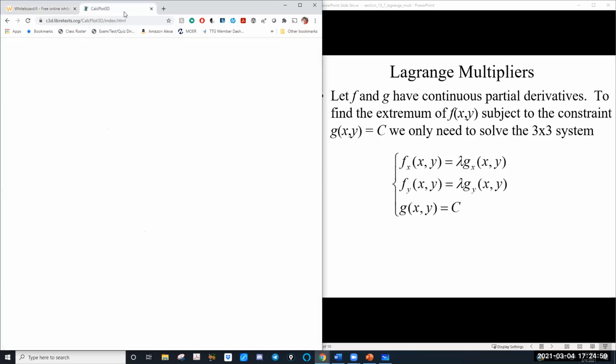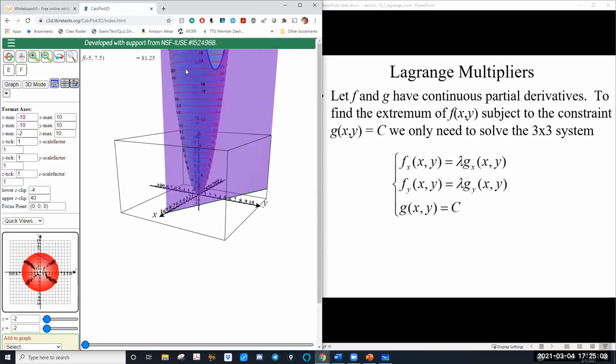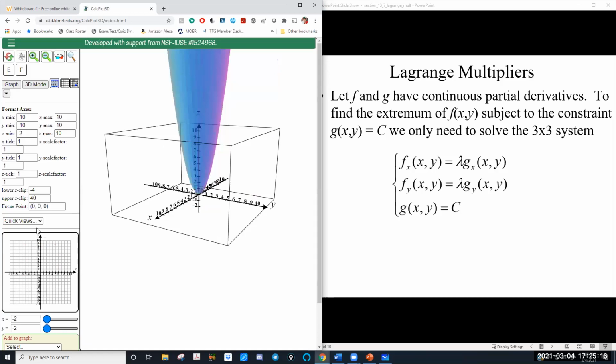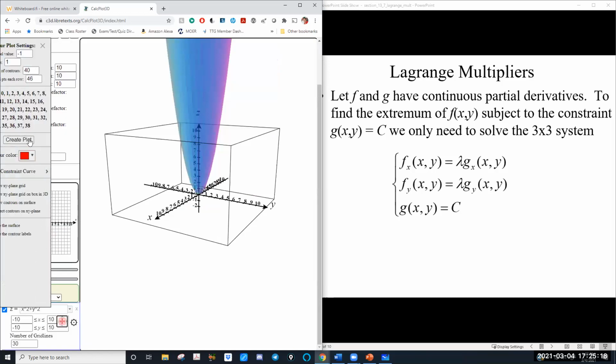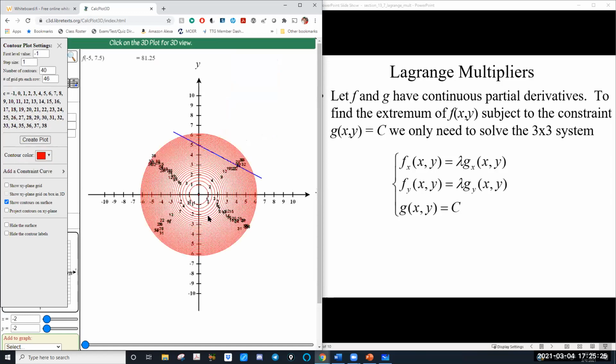And if we go back to our curve, if we look right up there at 20, that looks to be very accurate. And if we go back to the contour plot, it's moving a little slow today.